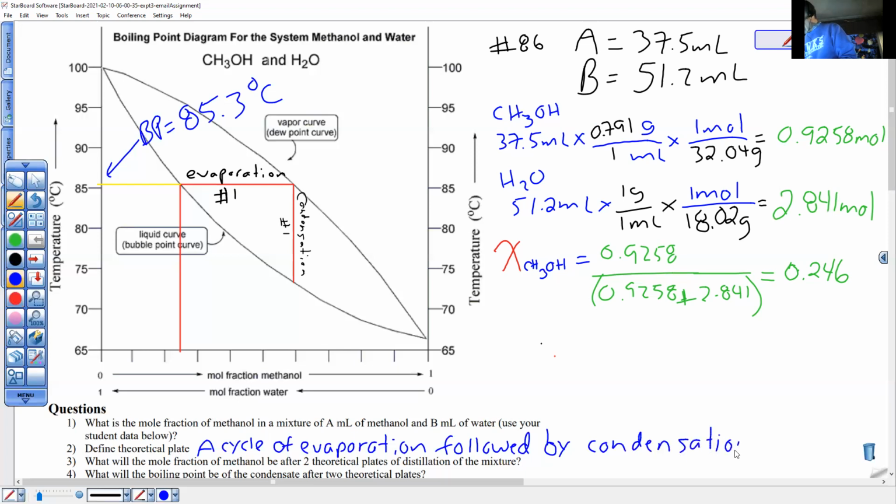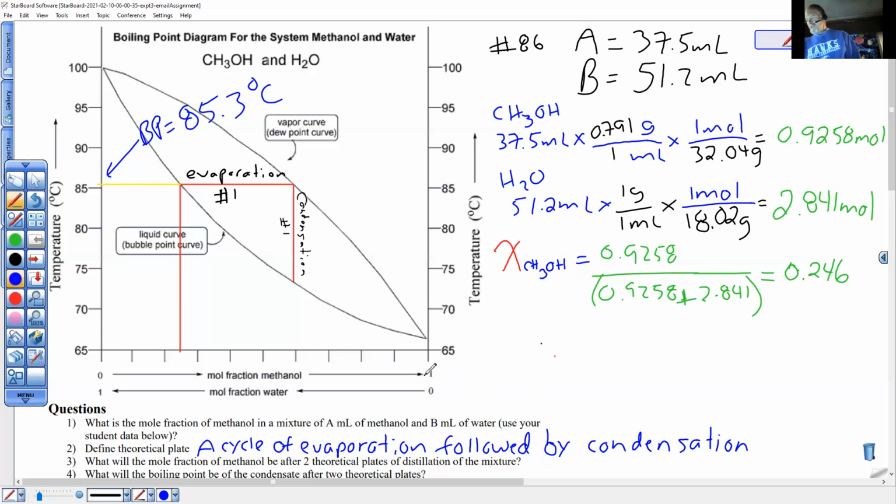We call methanol in this example the more volatile chemical, or you could say more volatile component, MVC. The definition of MVC is asked for on both the midterm and most likely the final. And how do I know methanol is more volatile?